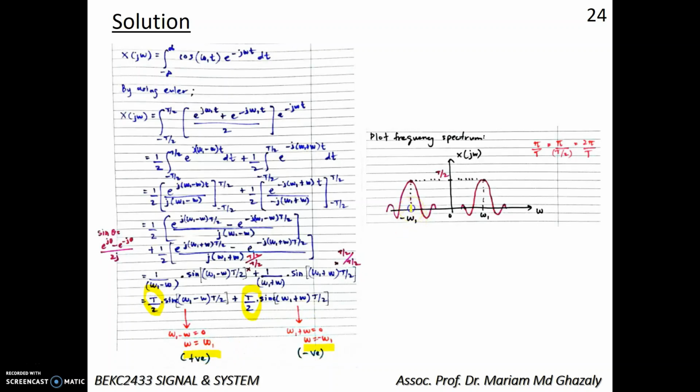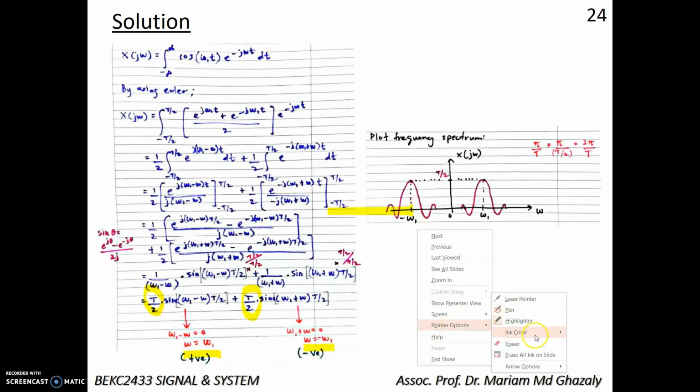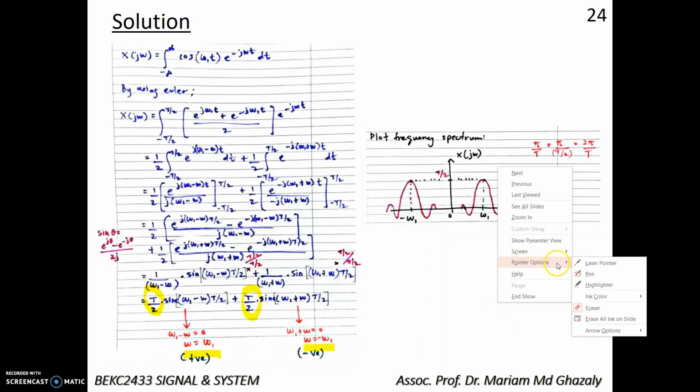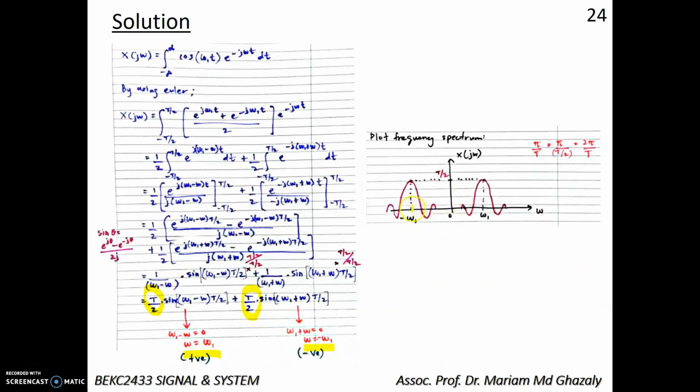So plot this one. This one will be the center for this sinc signal. Okay, so this one will be the center for minus omega 1. And then this one for omega 1 will be for this signal.